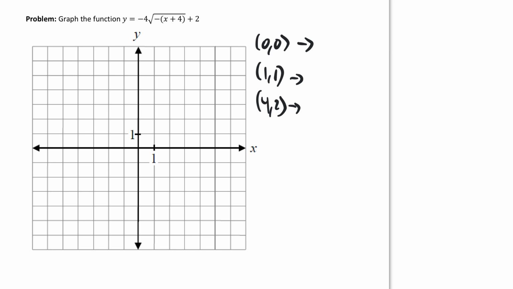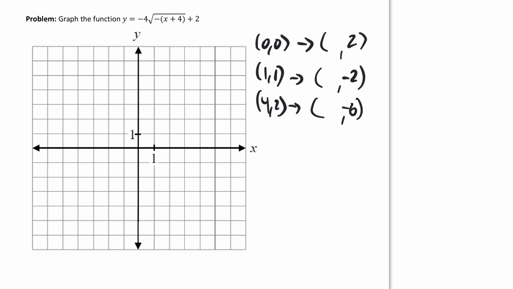The y values get multiplied by -4 and then added 2. So let's do those first. 0 times -4 is 0 plus 2 is 2. 1 times -4 is -4 plus 2 is -2. And then 2 times -4 is -8 plus 2 is -6.